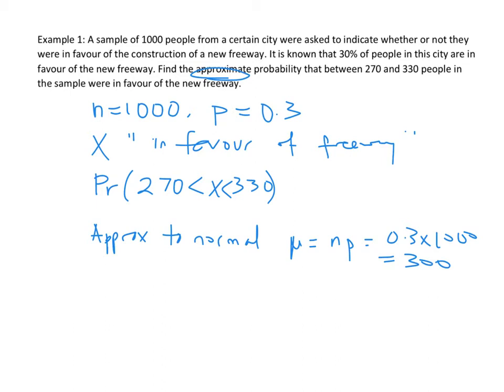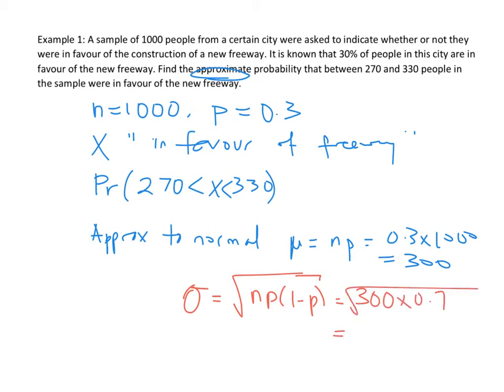And the standard deviation is the square root of n times p times 1 minus p. So that's 300 from before times 0.7, taking the square root of all that, which is 14.4914.